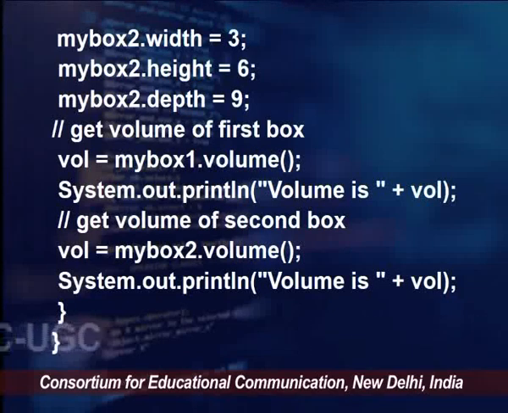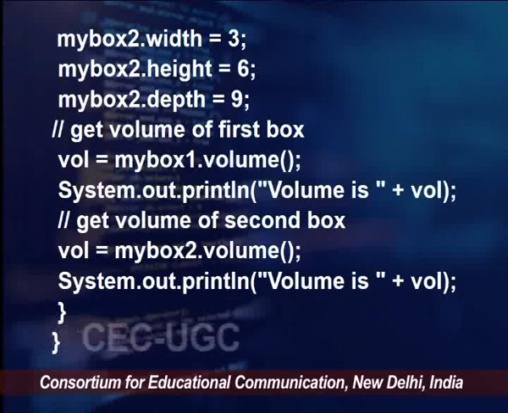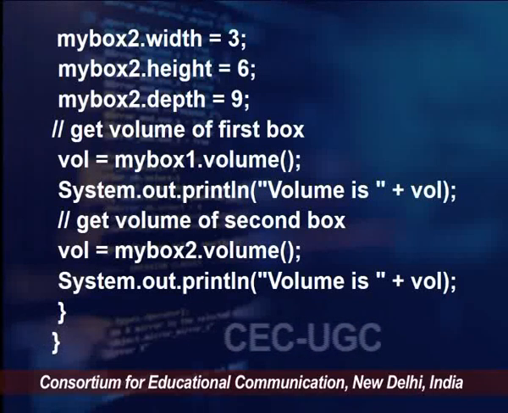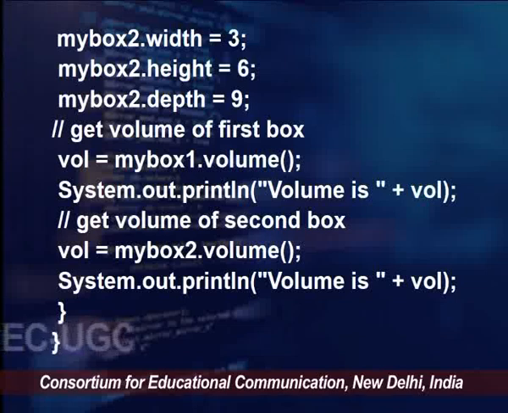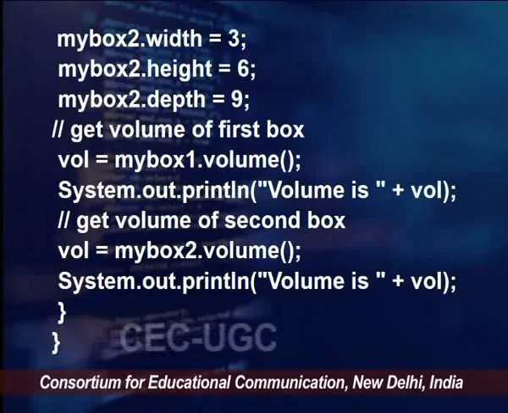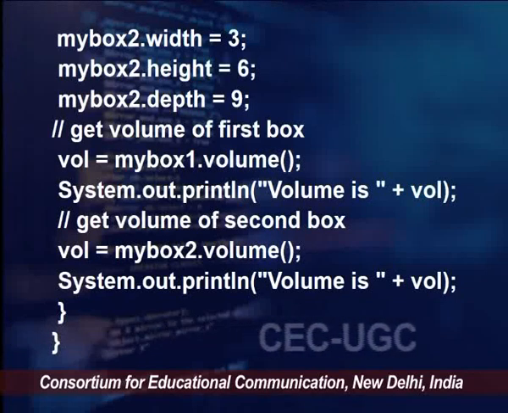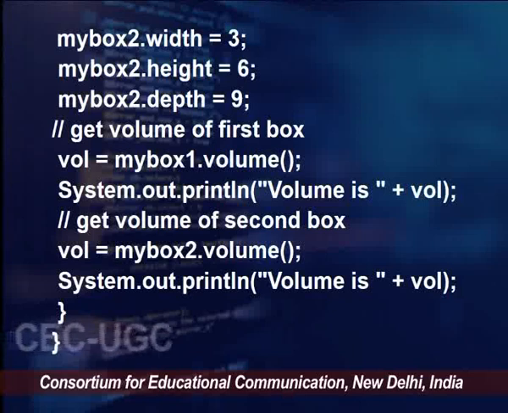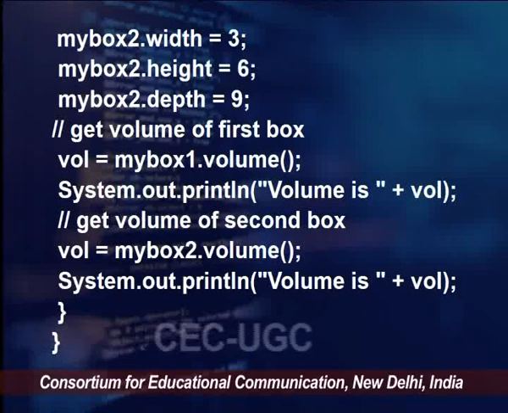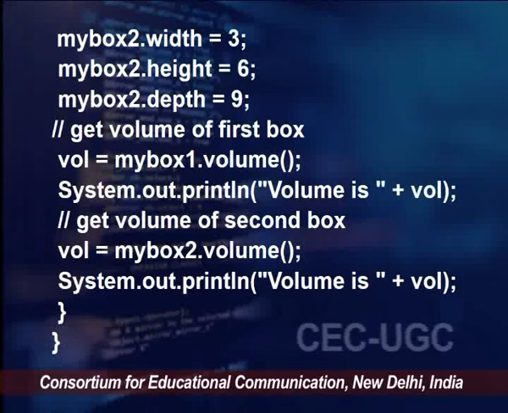We have printed that using System.out.println, and in order to get the volume of the second box, we have written vol is equal to mybox2.volume, and then again printed the variable vol. So this volume function is returning a value, and that return value is being caught and stored inside vol.